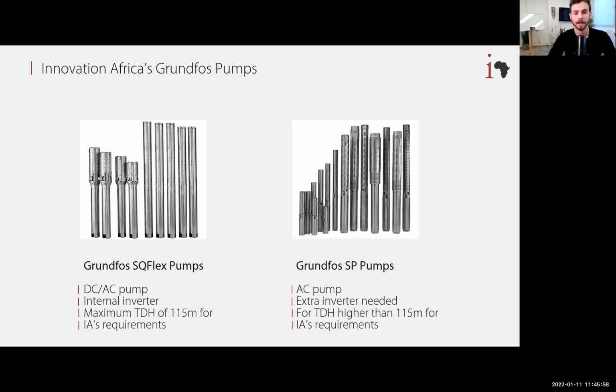Now, as you may know, most of you, solar panels give us direct current, DC, from the sun, and most electric consumers, such as pumps, use alternating current, AC. So what Grundfos made is a wonderful pump called SQ Flex that makes our life easier for organizations like Innovation Africa. It uses the power from the sun to power pumps and get water.